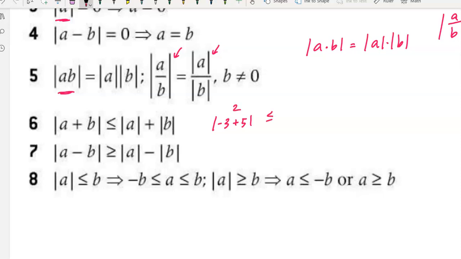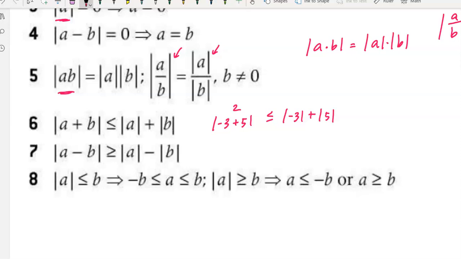And that's going to be less than or equal to, when you take the absolute values of individual integers and then you add them together, you're always going to have a positive, or maybe a 0. It's going to be bigger than when you add them first, including their negative integers, and then take the absolute value. Does that make sense? I hope so.